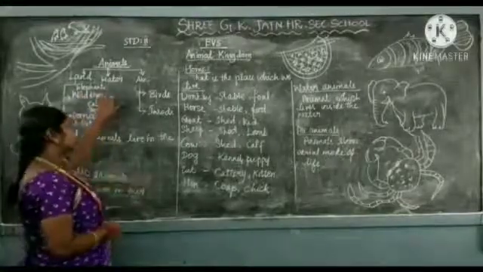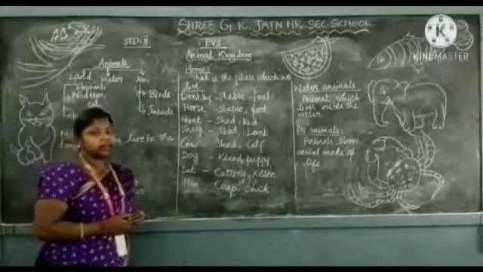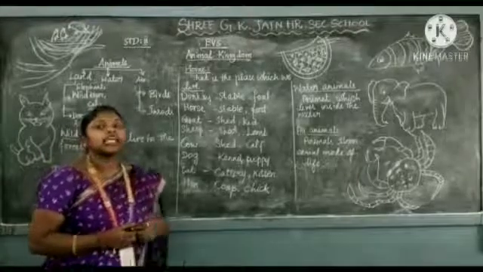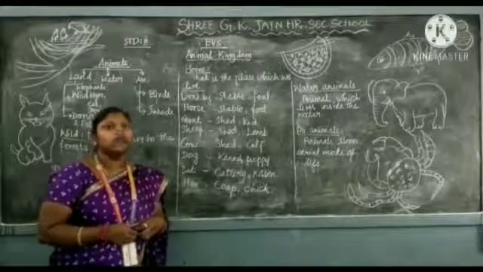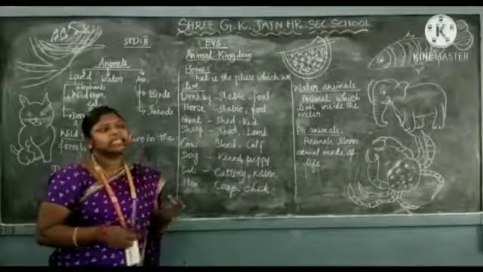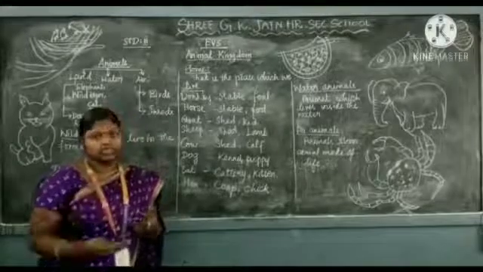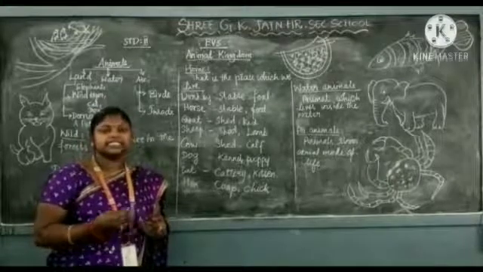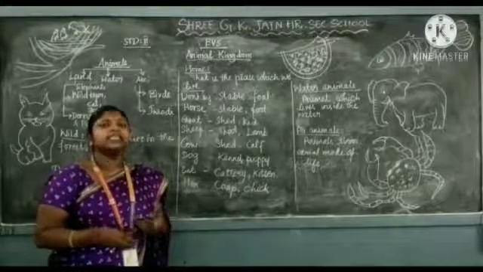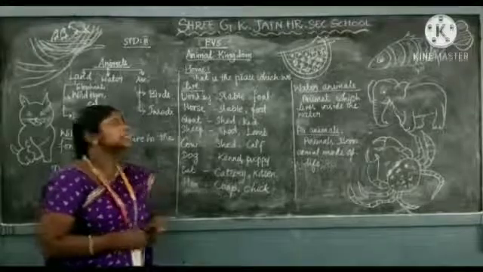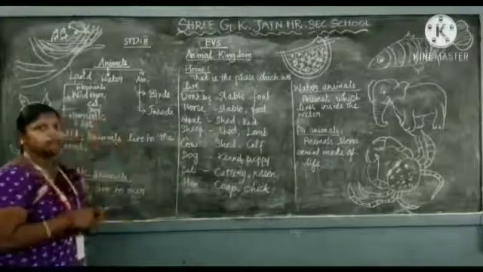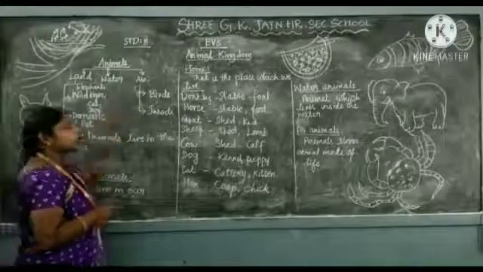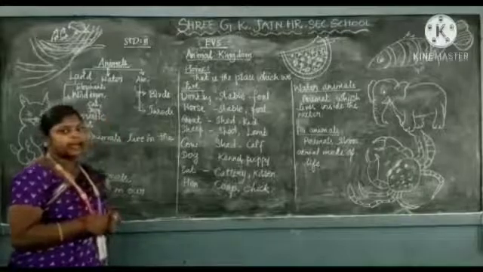Let me tell you about the water animals. Water animals means the animal which lives inside the water. Not only the water, we can say it out as in ponds, lakes, seas, rivers. In these kind of water bodies, the animal which live in that region, that animals are called as water animals.